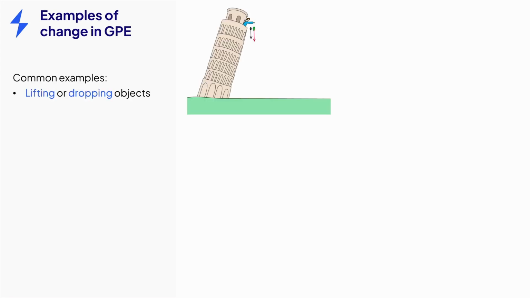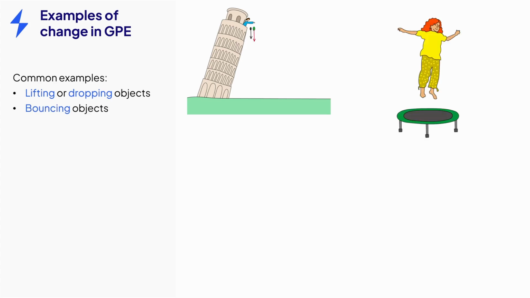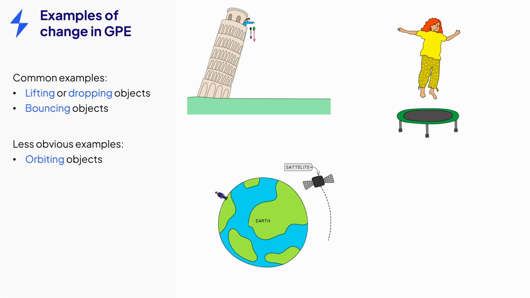It's important to understand that there are many examples of energy transfers to and away from gravitational potential stores. Common ones are lifting objects up and then dropping them, and bouncing balls or people on trampolines. Less obvious examples that can crop up in exam questions are objects in orbit and objects below ground.